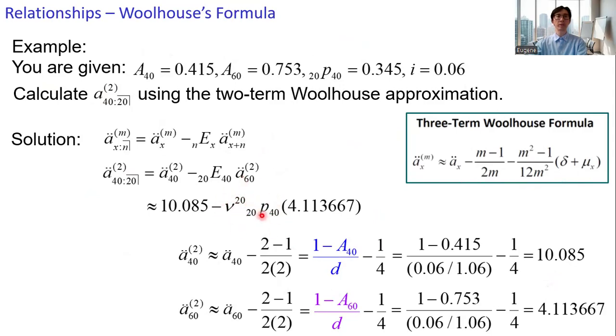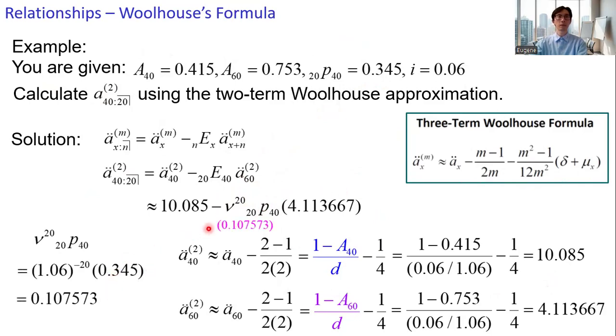We are given 20p40. And then upon calculation, we get 9.6425. This is for the corresponding annuity due.